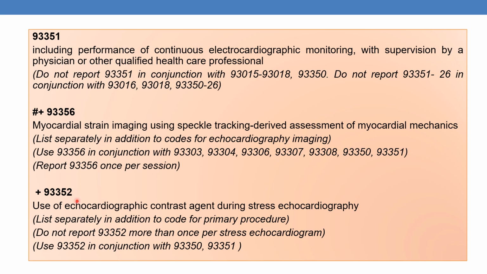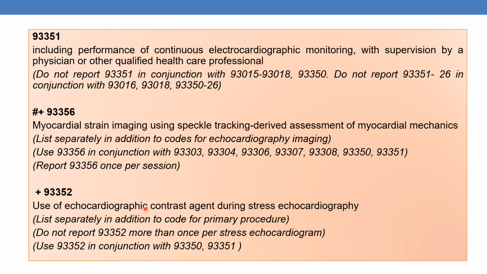The next is also an add-on code plus 93352. Use of echocardiographic contrast agent during the stress echocardiography. Whenever the ventricular cardial borders are not visualized, we have discussed that we will induce a contrast. So whenever contrast agent is induced or infused, then you need to report 93352.